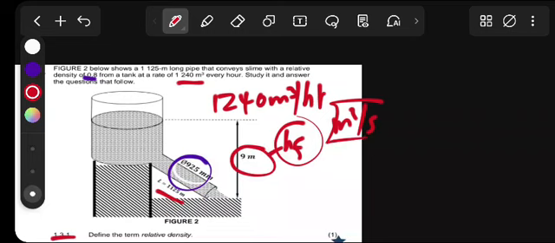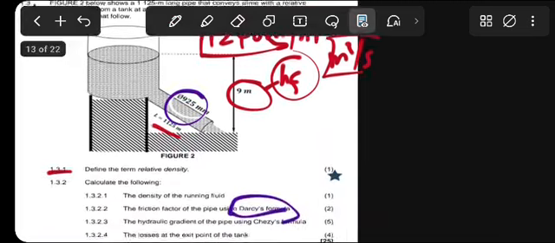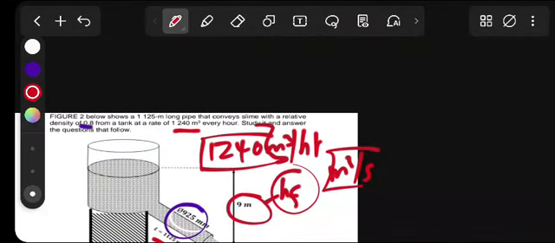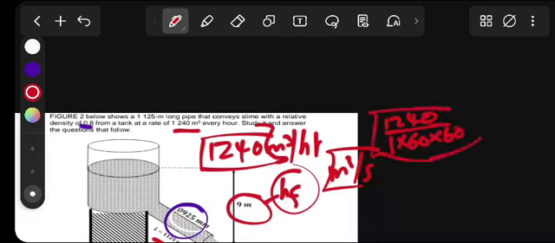So you divide this to convert from hours to seconds, guys. Remember you have 1 hour, multiply by 60 will be in minutes, multiply by 60 will be in seconds. So this is what you have.